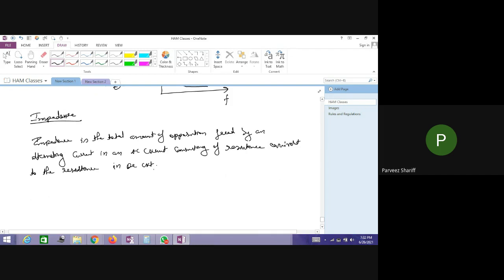It means if we have a circuit with a resistor, inductor, and capacitor, connected maybe in parallel or maybe in series, then the type of opposition it gives to the alternating current is called the overall reactance. We call it the impedance of the circuit.